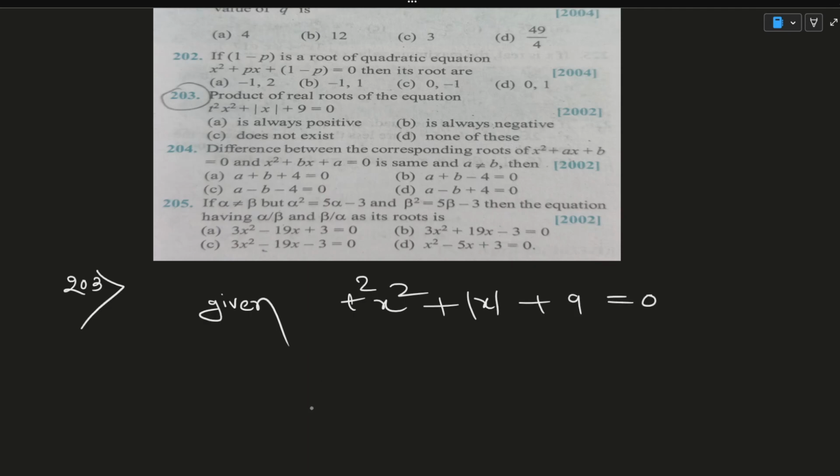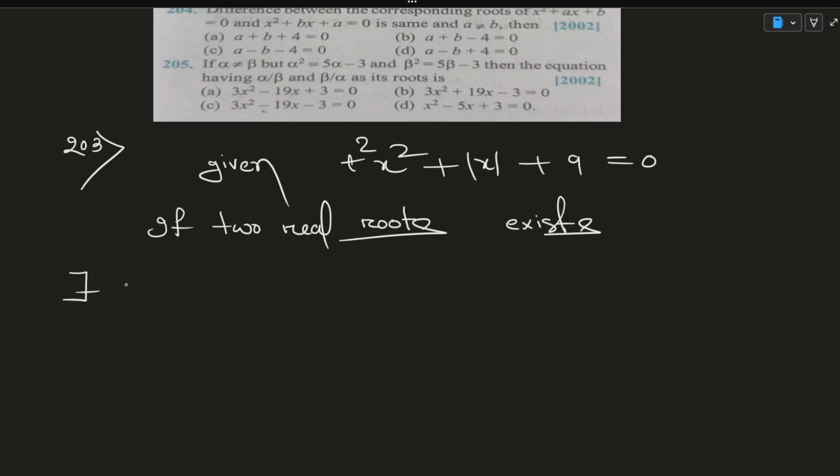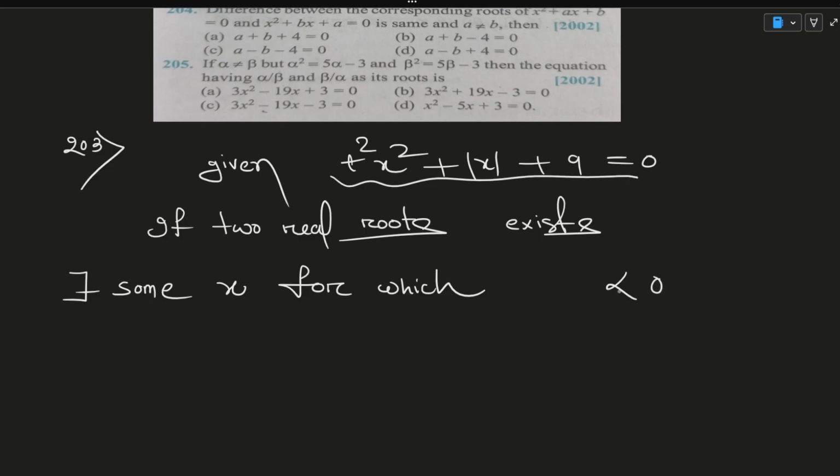If two real roots of that equation exist, then there exists some x for which the value of this one will be less than 0.